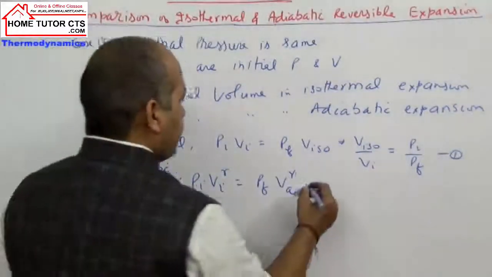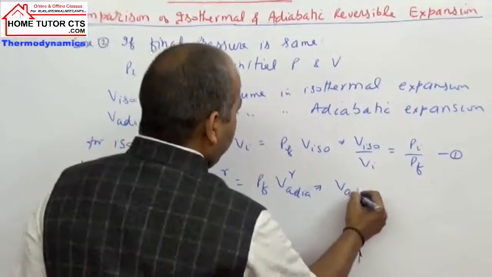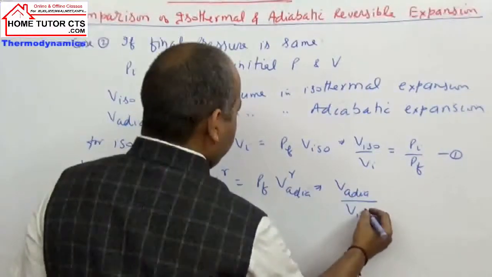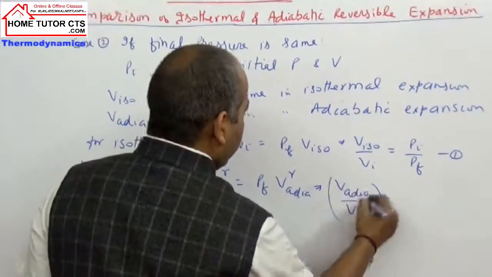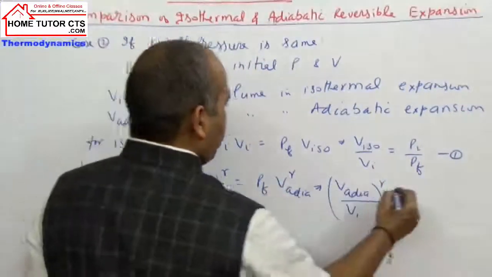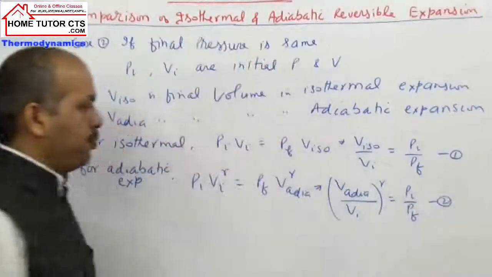So in this case, if I take the ratio V adia by V initial power gamma, it is equal to P initial by P final. Equation number 2.